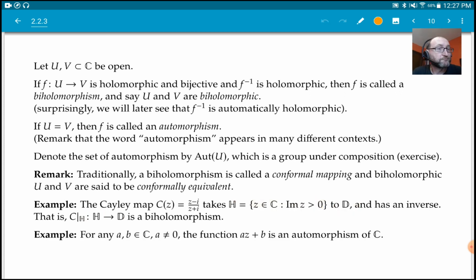And H and D are then biholomorphic or conformally equivalent, if you want, in the traditional wording. Now, another example is C, and I look at automorphisms. And actually, all the automorphisms actually look like this, but right now, as an example of an automorphism, for any a, as long as a is not 0, az plus b is an automorphism of C.